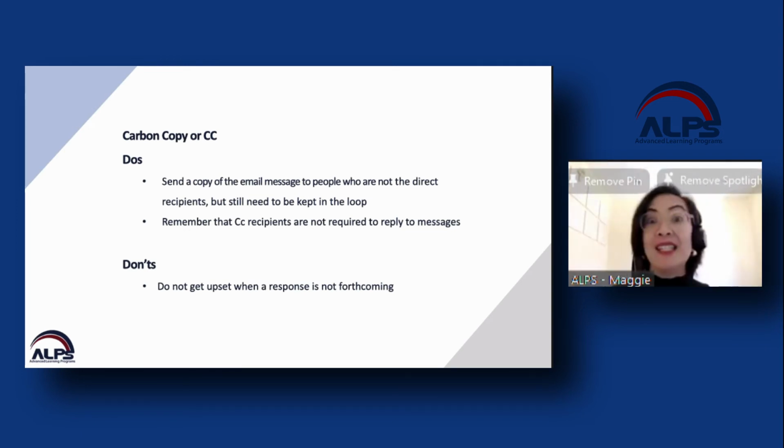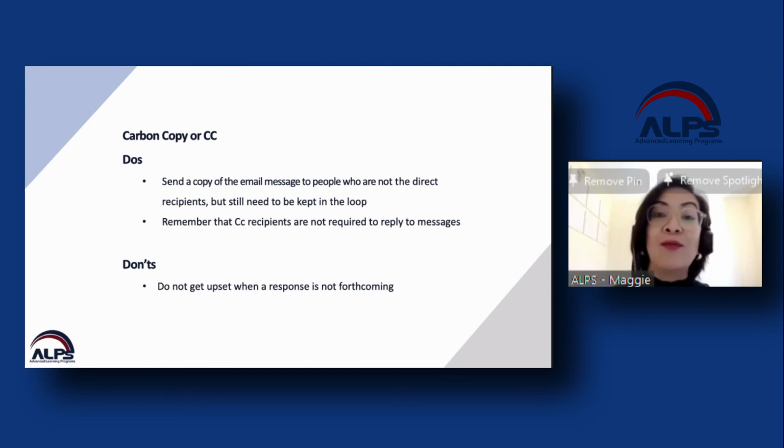So, CC, right? The email addresses that we put on 2 are the ones we are directly sending the email to. The email addresses in CC are the ones who you feel still need to know about the email message, but they're not the direct recipients.